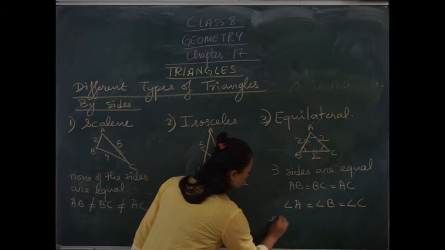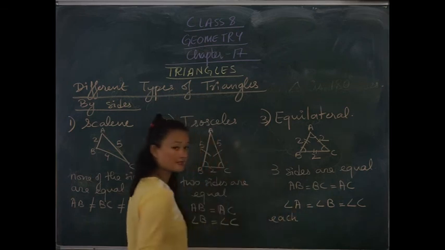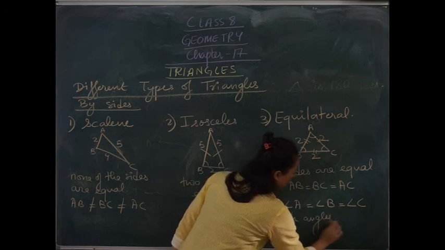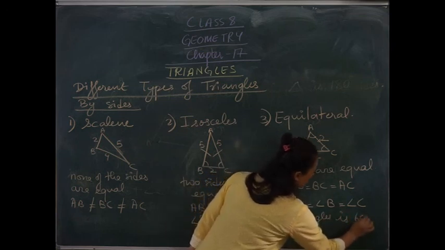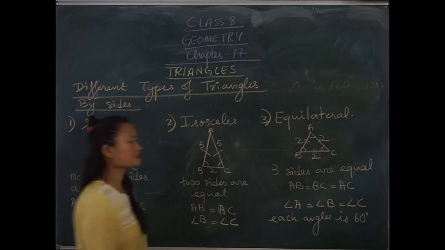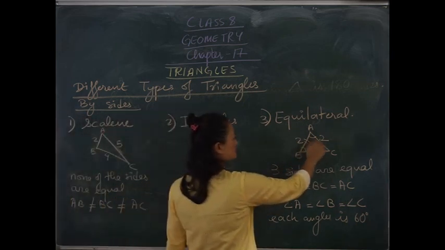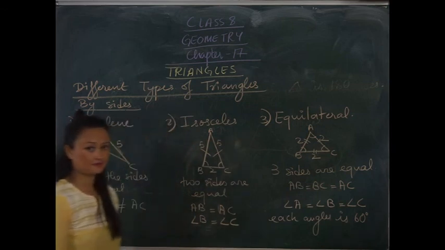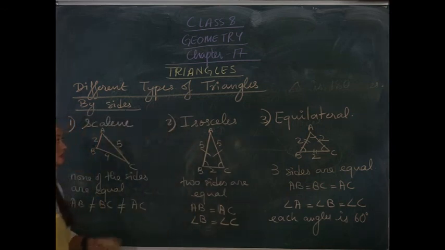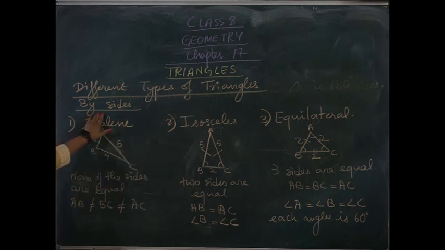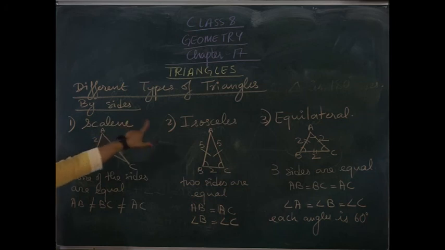Another fact about an equilateral triangle is that each angle is 60 degrees. This will be 60, this will be 60, this will be 60. So these are the three types of triangles depending upon the sides: scalene, isosceles and equilateral.